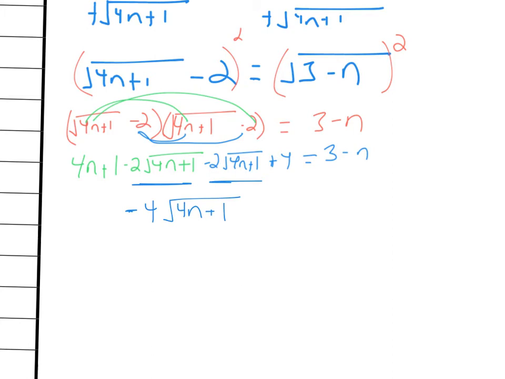I'm going to try and move everything else over to their side, see what happens. So I have a 4n. When I move that over, it should become a minus 5n. So I subtract the 4n over, I get a minus 5n. When I move over the 1 and the 4, so that's 5 that I'm moving over, when I subtract 5 from 3, I get negative 2.